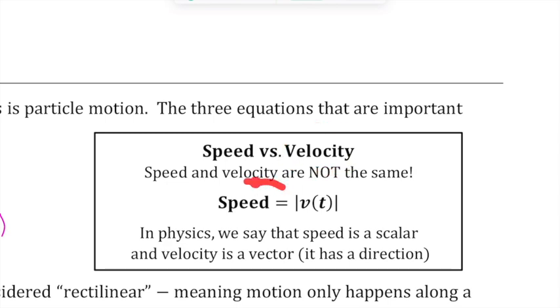And we denote it this way, where we take the absolute value of velocity, and that's speed. So it doesn't matter if your velocity is positive or negative. If you just take the absolute value, that's speed. Scalar is just a number, right? This is just a number, but if it has a direction, it is now a velocity.